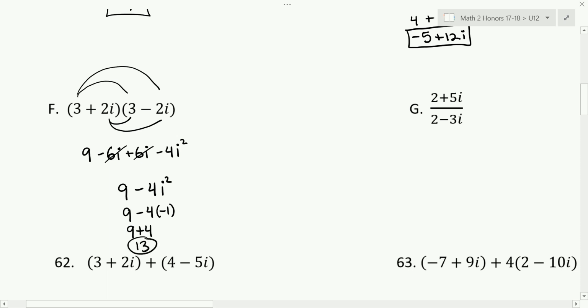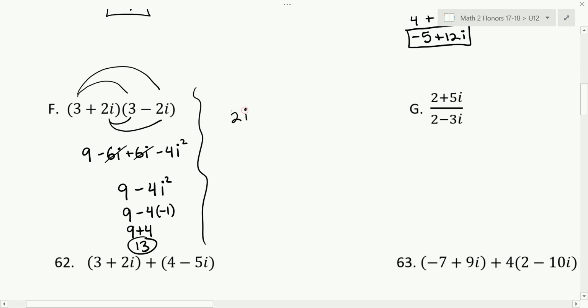Okay. Now, if I give you a complex number, you can always give me another complex number that would multiply with mine to make a real number. And it's important that you can be able to come up with those sometimes. So if I say my complex number is, I'll start easy, 2i.